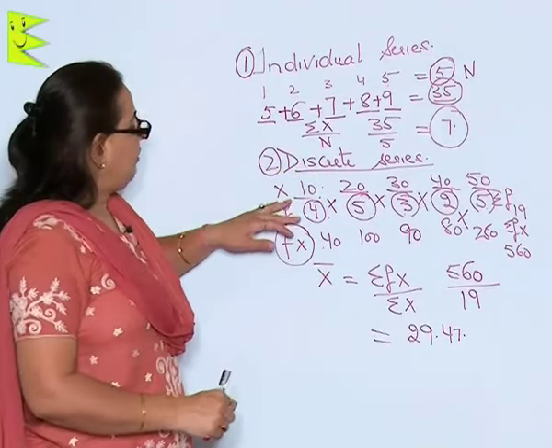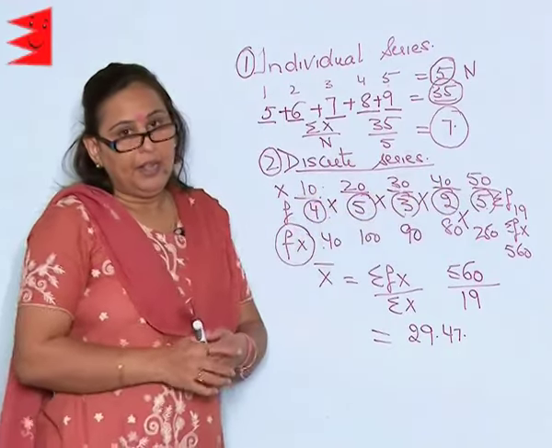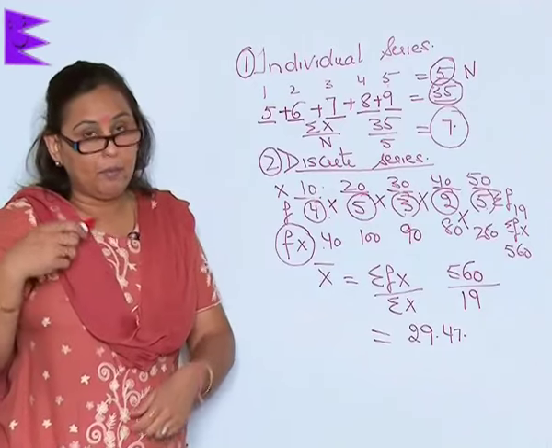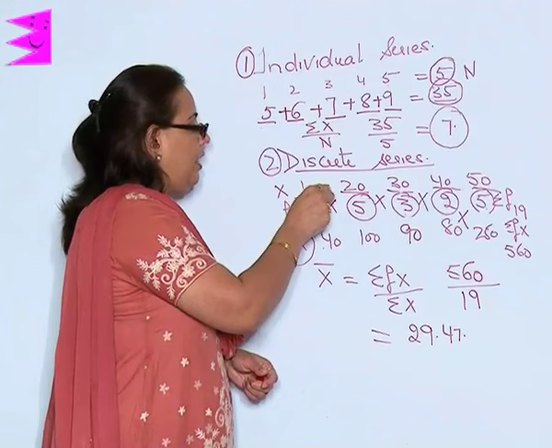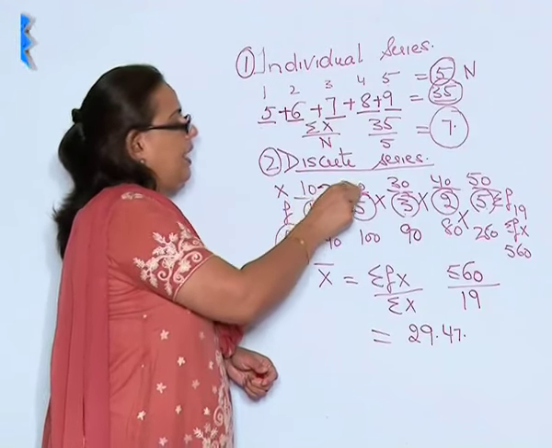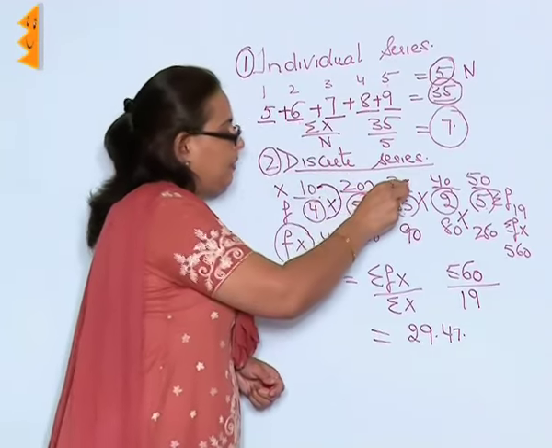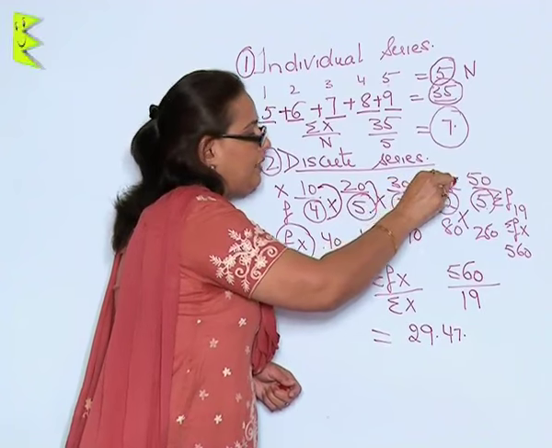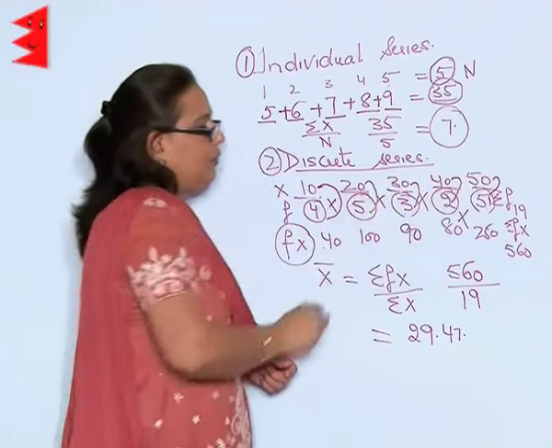Now, for example, if the marks are 10, 20, 30, 40 and 50, the number of students obtaining these marks, as I said, are more than 1. The marks 10 are obtained by 4 students and 20 marks are gained by 5 students, 30 marks are gained by 3 students, 40 marks by 2 students and 50 marks by 5 students.